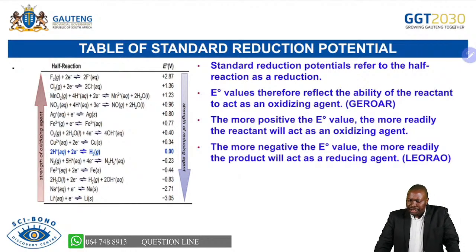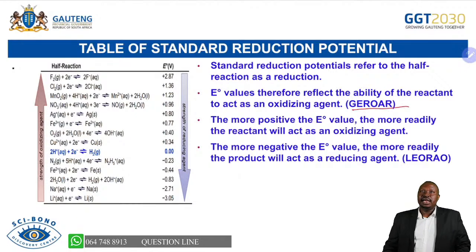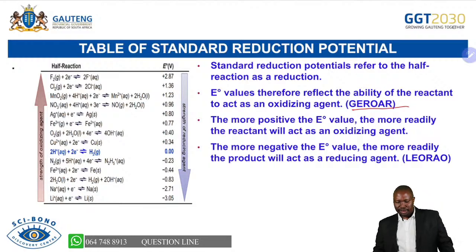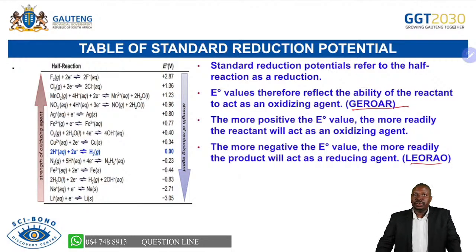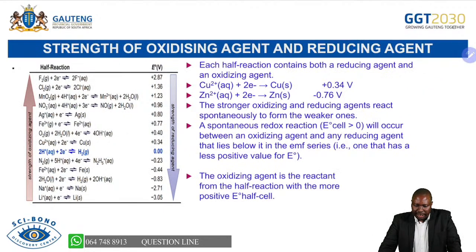And standard reduction potential refers to the half reaction as reduction. I talked about that already, to say we have 2 of them. One is the gaining of electrons, which is the oxidizing agent, which is reduced. The other one is the loss of electrons, which is oxidation, which is where we find our reducing agent, which is oxidized. I talked about this as well.